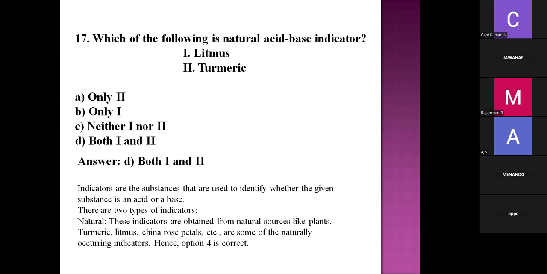So both litmus and turmeric, both first and second, is the correct answer. Which of the following is a natural acid base indicator? Litmus, turmeric, both is the correct answer. When the substance is basic, the color of turmeric is red, whereas when the substance is acidic, the color of turmeric turns yellow to brown.